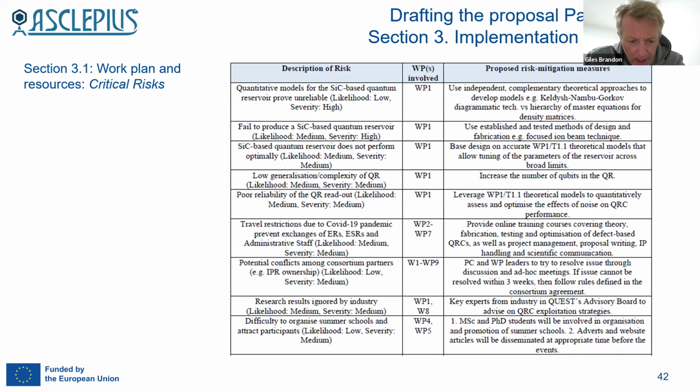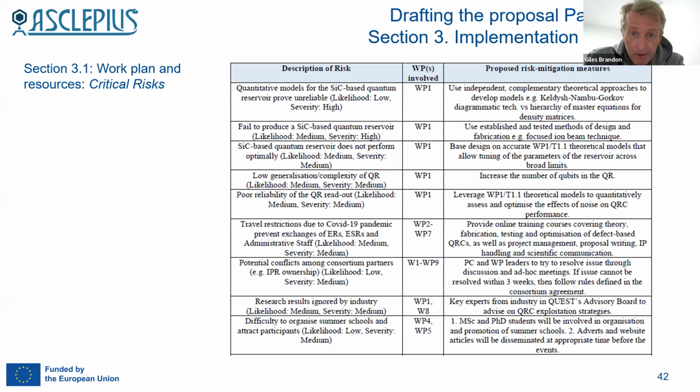I think the thing to say here is when the proposal is being written and I'm asking the work package leaders to write their work package description and also to write their scientific and technological objective, I also ask each work package leader to come up with at least 2 specific risks relevant to their work package. And I ask them to somehow rate those risks in terms of their likelihood.